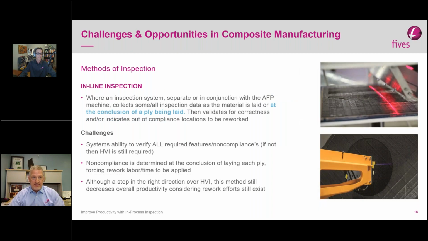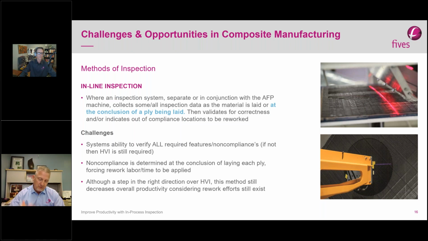So the next is inline inspection. Inline inspection is a device, in most cases some sort of laser scanner, that's either mounted on the machine and collects data as it's laying, or a device that scans the ply after the ply has been laid. And for inline inspection, the data is collected but not compiled until the conclusion of that particular course or ply. So all non-compliances again are identified after they've been laid.